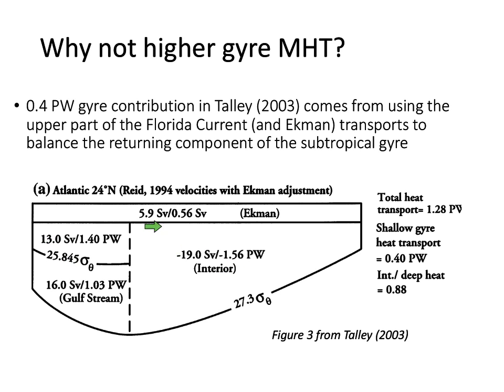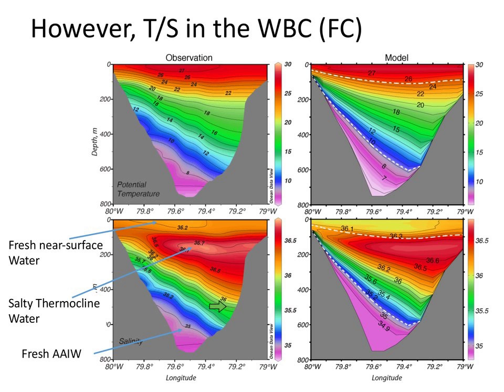So here basically you have 0.56 petawatts in Ekman transport, and then 1.4 petawatts in the Florida Current to balance this return flow, and this gives you 0.4 petawatts.